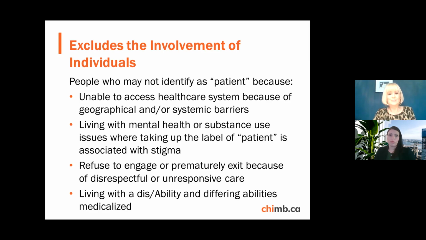So we have to think about people who may not identify as patient because they are unable to access the healthcare system because of geographical barriers, so thinking about the differences between urban, rural, and remote, but also systemic barriers, thinking about people who confront systemic racism, colonialism, sexism, homophobia, transphobia, ableism, saneism, classism, all of these different things when they try to access healthcare services.